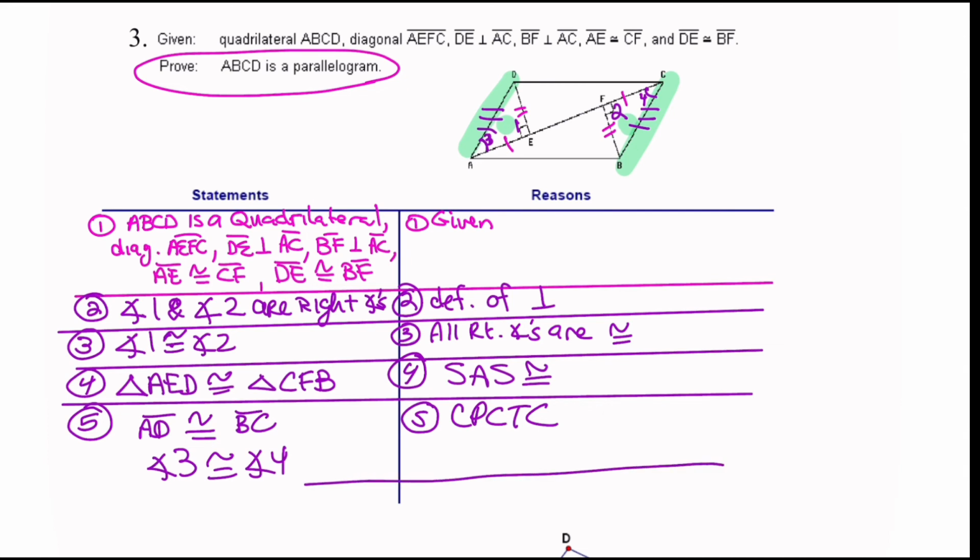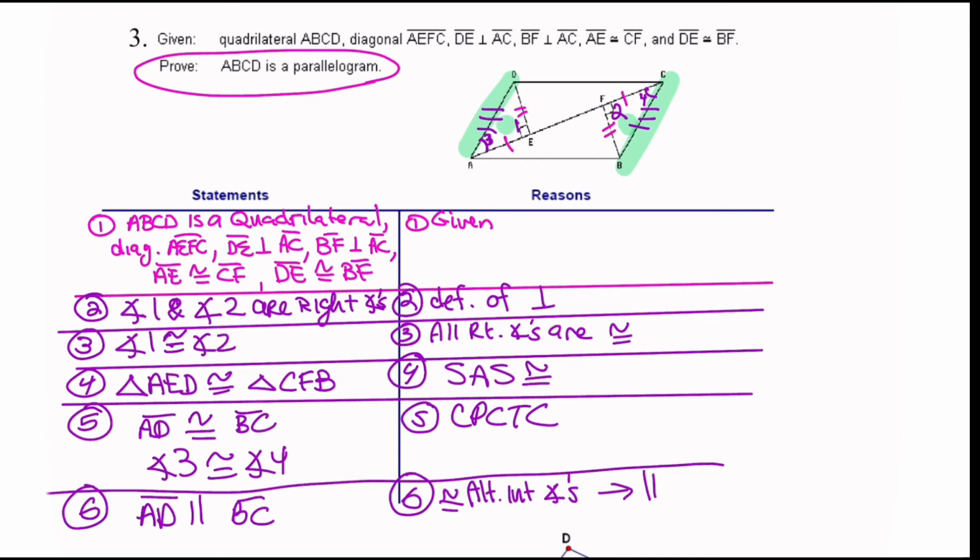And therefore, we can say that side AD is parallel to side BC, because congruent alternate interior angles imply parallel lines.